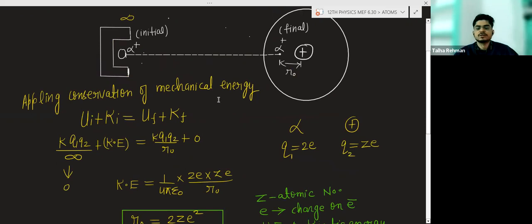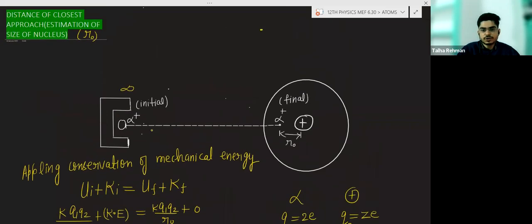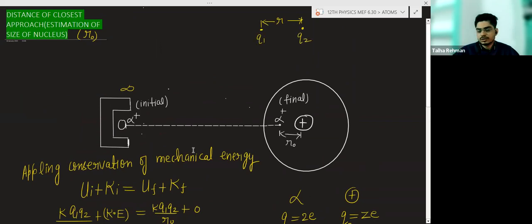Conservation of mechanical energy: initial kinetic energy plus initial potential energy is equal to final potential energy plus final kinetic energy. What is the formula for the potential energy of a system of two charges? Suppose this charge is q1 and this charge is q2, separated by a distance r.